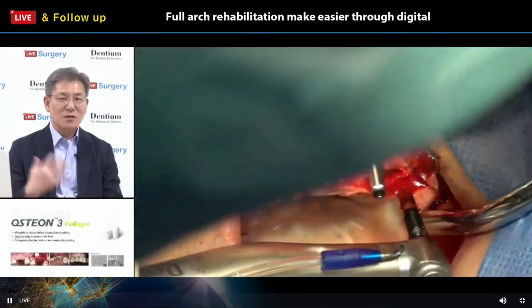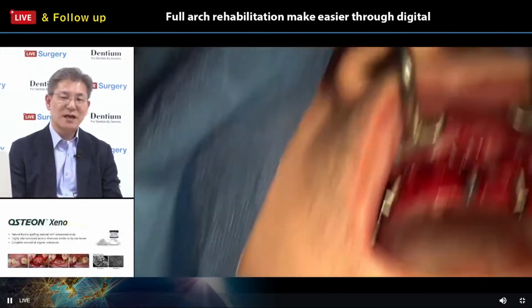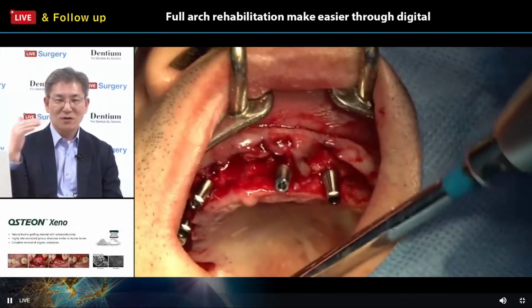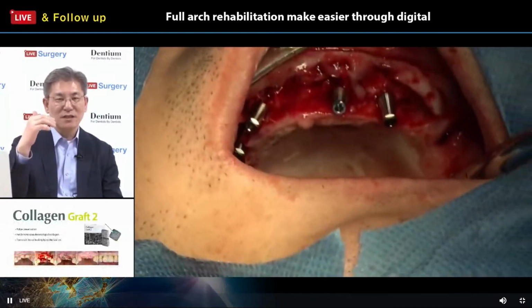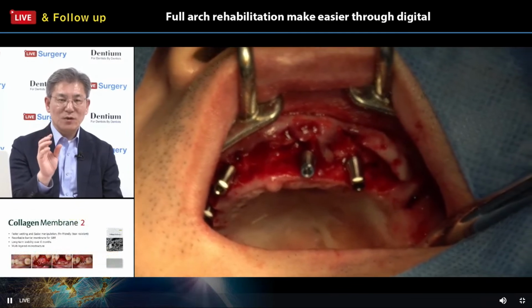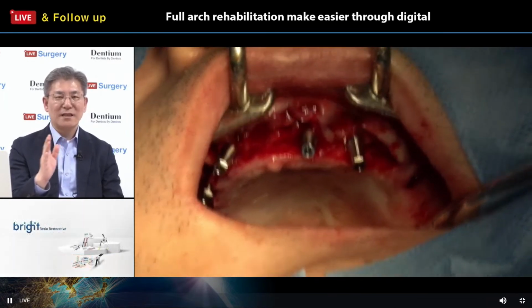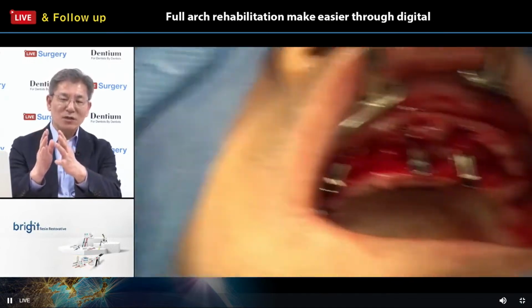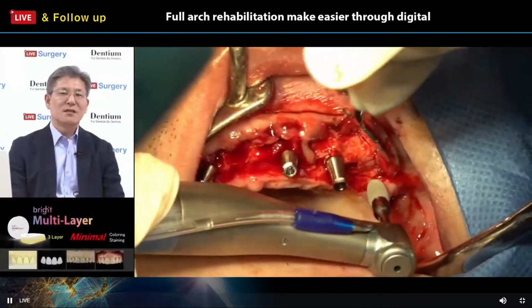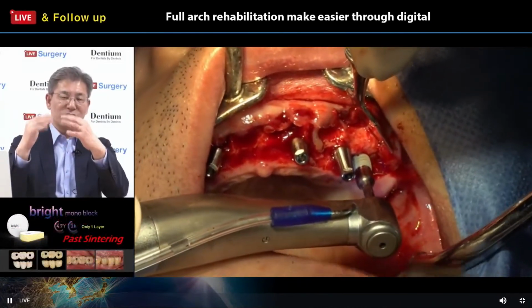So the bone is compacted, pushed into the sinus cavity, the sinus floor. Even though the sinus floor is a little bit broken, like a greenstick fracture, the remnant of the bone, the wall of the osteotomy site, is pushed into the sinus cavity, the compaction and pushing inside.